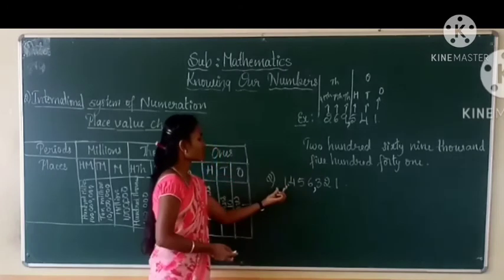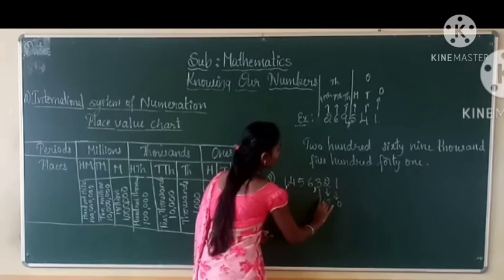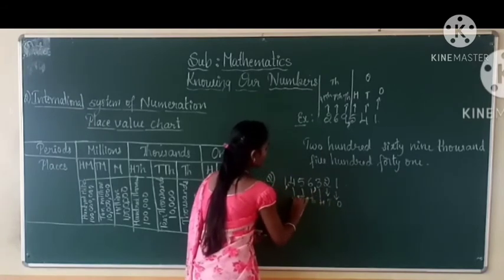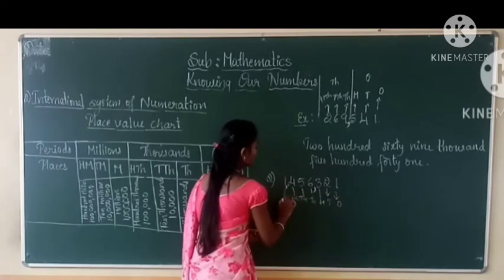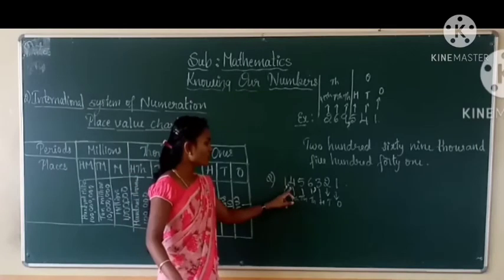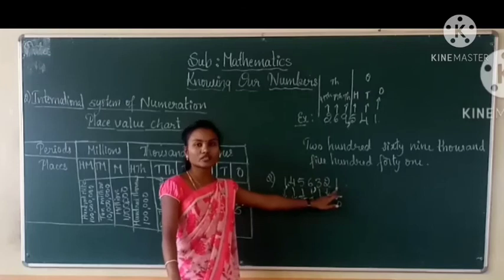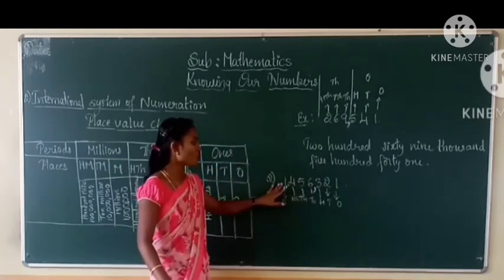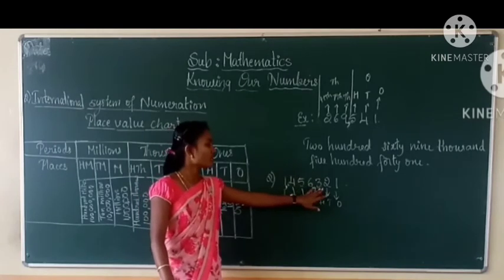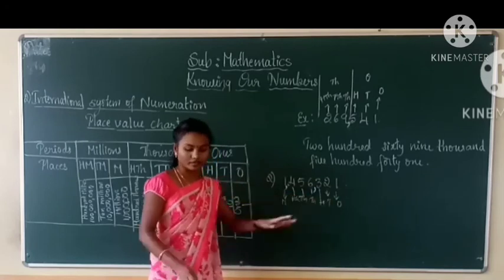It is ones place, tens place, hundreds place, thousands place, 10,000 place, 100,000 place, and millions place. Therefore it is 1,456,321. We can read this as 1,456,321. Have you understood? Okay.